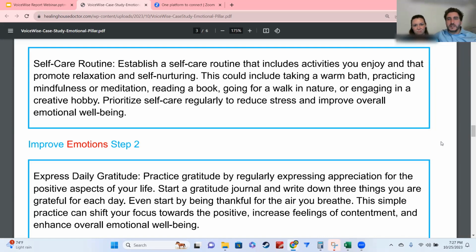But however you want to do it, visualization is so powerful that they did another study with maids in a hotel. They had these maids change their perception. They were overweight, had high blood pressure, and their blood sugar was through the roof, so they had diabetes.